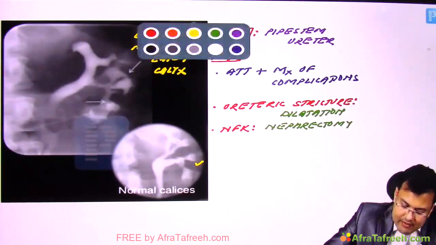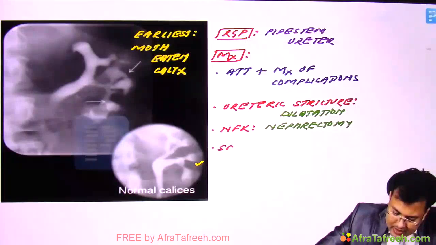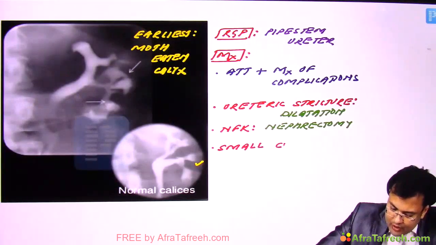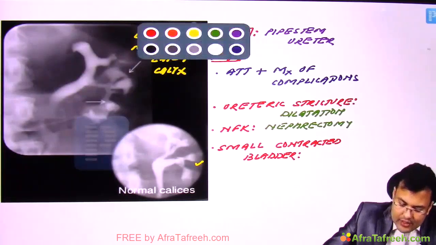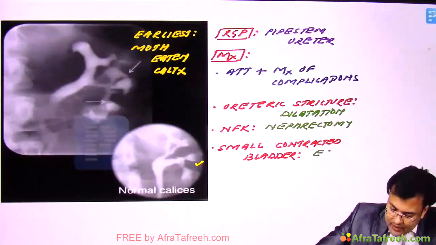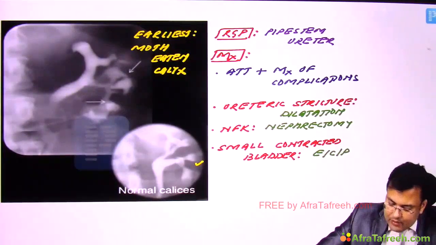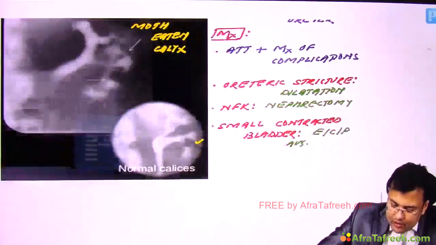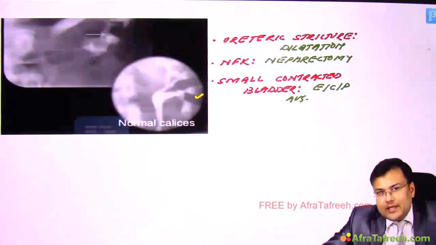And if the patient has a small contracted bladder, in that case we go for enterocystoplasty. What kind of? It's the augmentation enterocystoplasty.